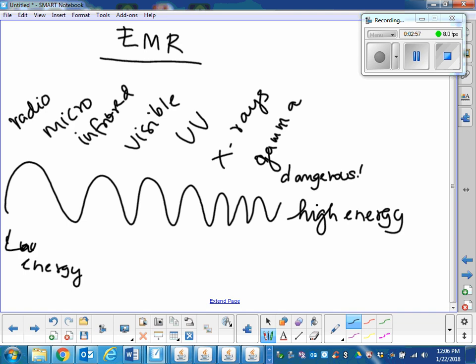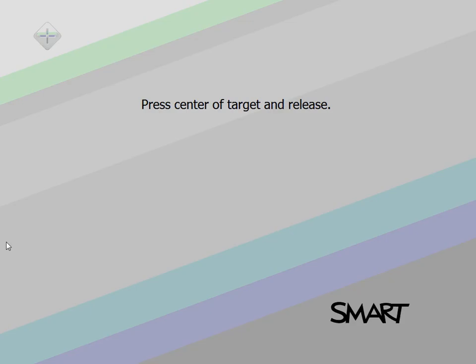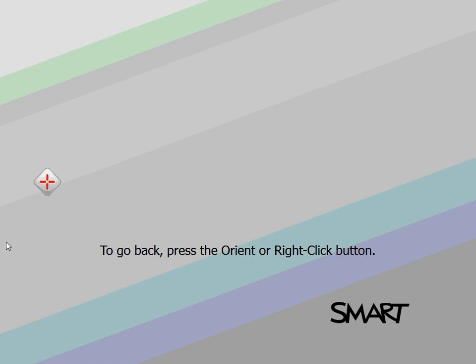Now, say you draw a wave. This distance between two crests, so to say, is known as the wavelength. My board is not aligned. Let me align it. It's messed up. Okay?